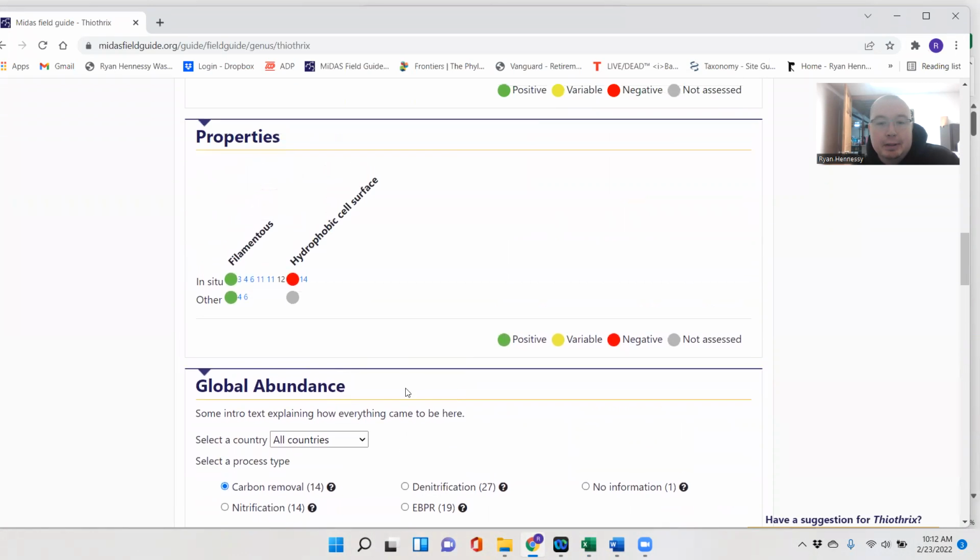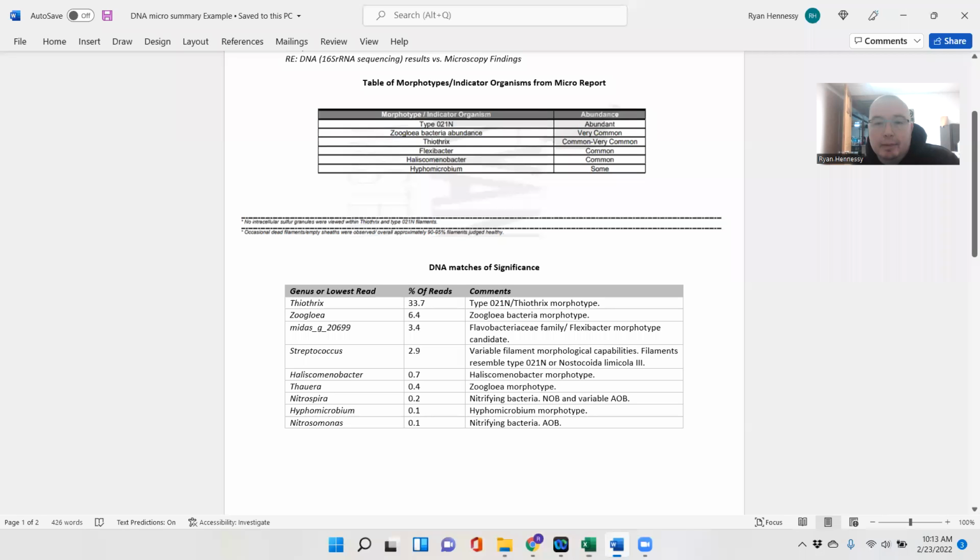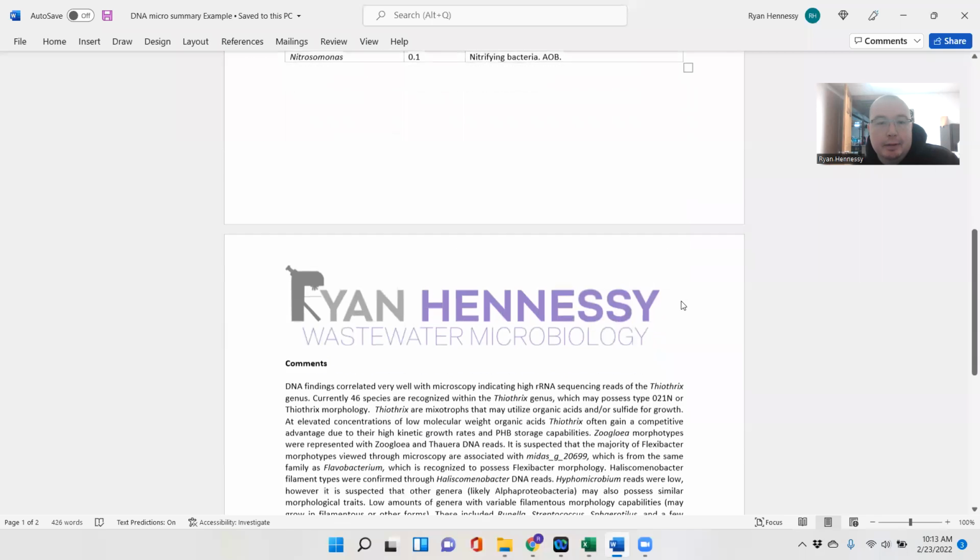Basically what I'm doing with the DNA micro is taking this data from the DNA company along with my micro and summarizing the report of the DNA into something that's hopefully of value and can be digested fairly easily.